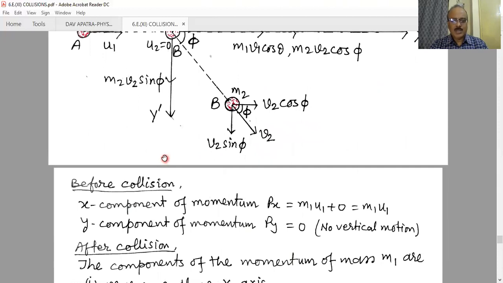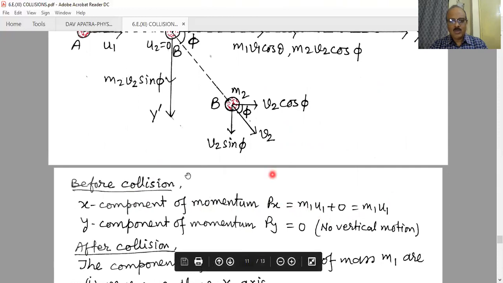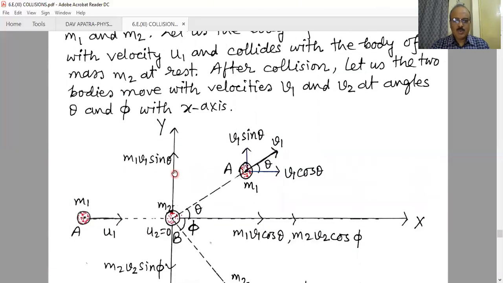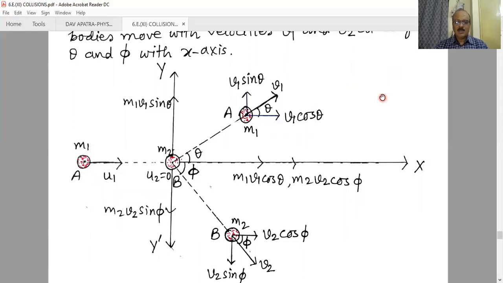Before the collision, the x component of momentum, px, is m1 u1, and for the y component, py, there are no components. We can always use the law of conservation of linear momentum, but in two-dimensional motion we have to apply it separately along the x-axis and separately along the y-axis.